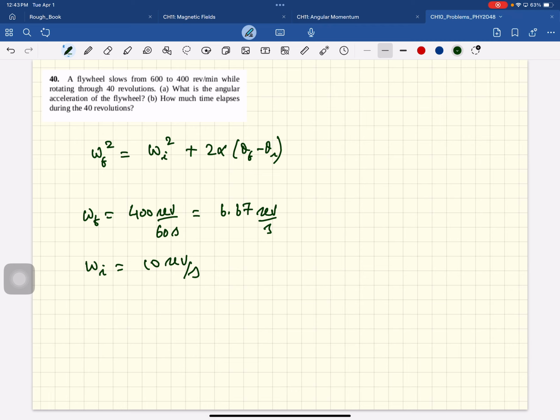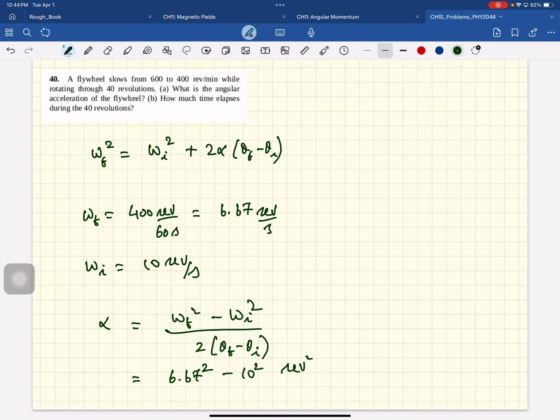All right, so alpha is omega final square minus omega initial square divided by 2 angular displacement. So this is 6.67 square minus 10 square revolution square per second square divided by 2 into 40 revolutions.